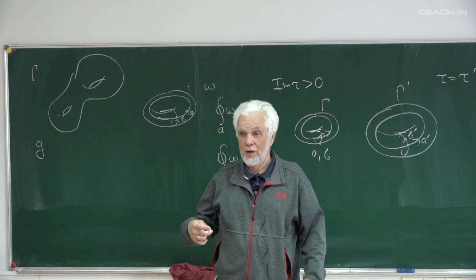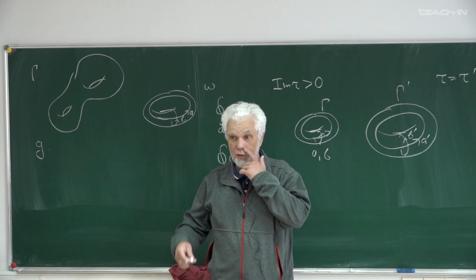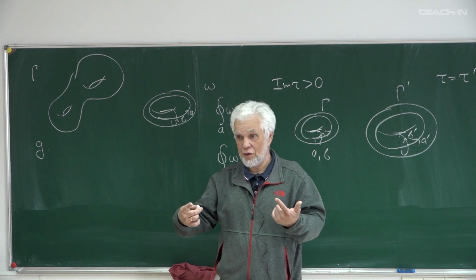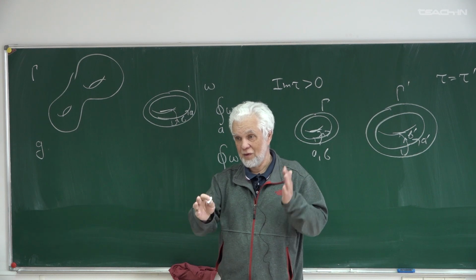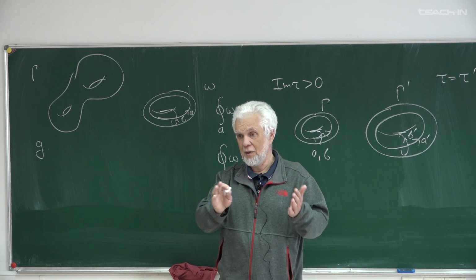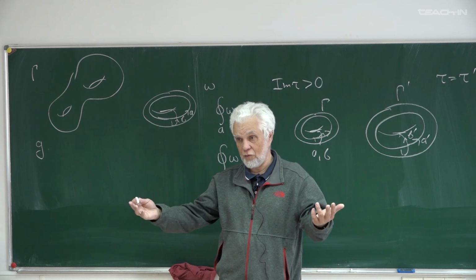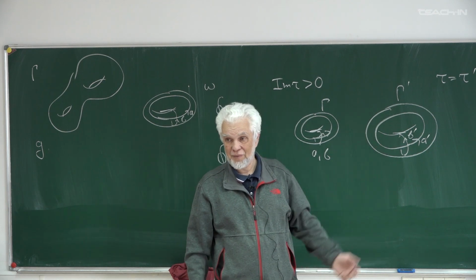Because what is a torus? A torus is a factor of the complex plane by the lattice generated by the numbers 1 and tau. Therefore, if tau is equal to tau prime, they are equivalent, the same torus as a factor of the complex plane. Vice versa, it's invariant.